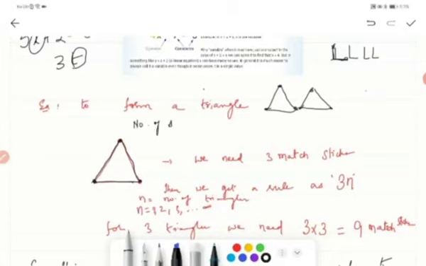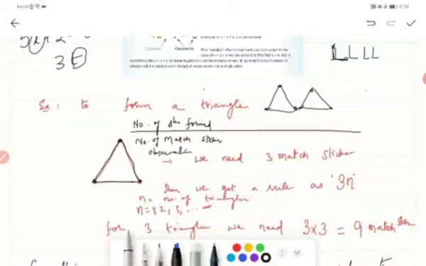Number of triangles formed, and in the second, number of matchsticks required. And then what observation do you have, you will look at this.